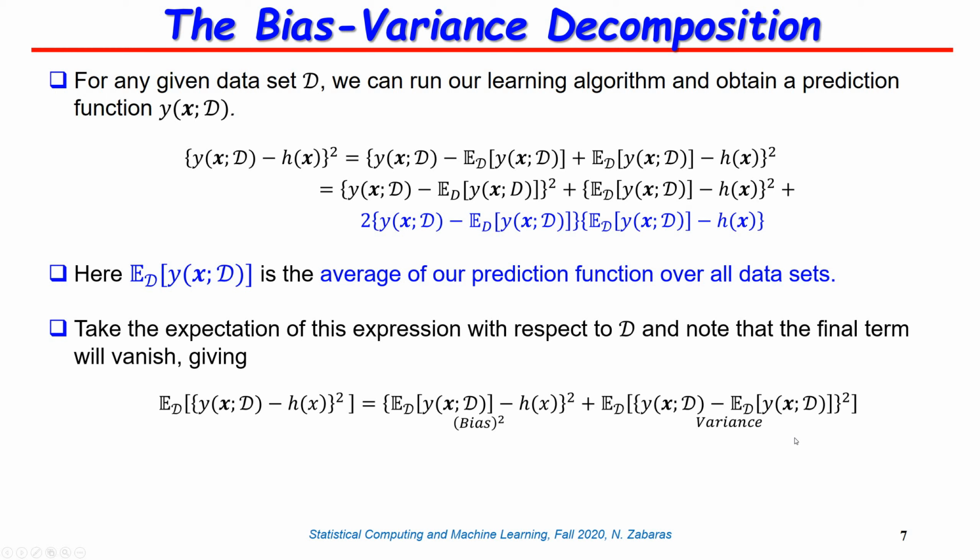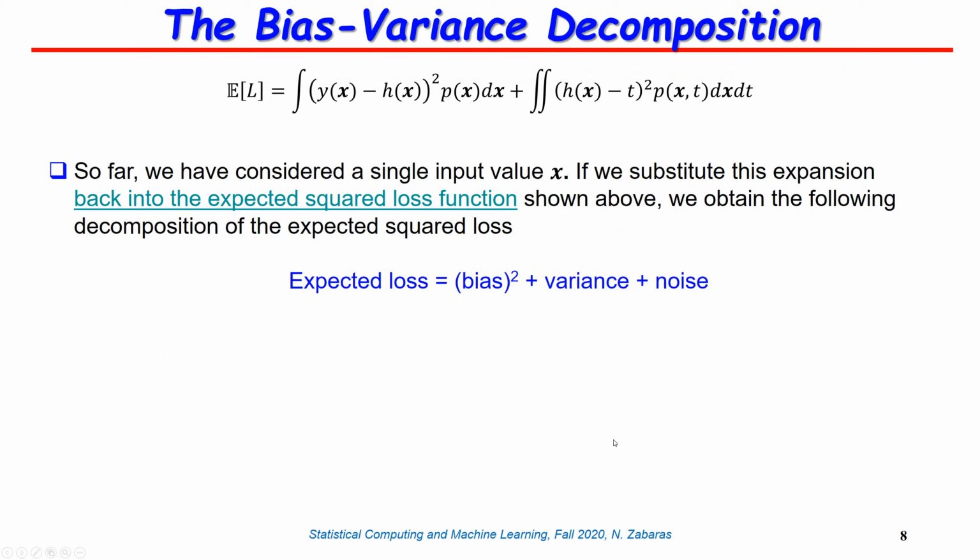And now I can take all of this and plug it inside the expected loss that I had before, which accounts for the fact that x and t come from some joint distribution p of x and t. Before we had y minus h squared, so we're going to plug in whatever we computed inside the first integral. Remember, there is nothing to do with the last noise term. It stays exactly as it is. There's no way we can optimize that.